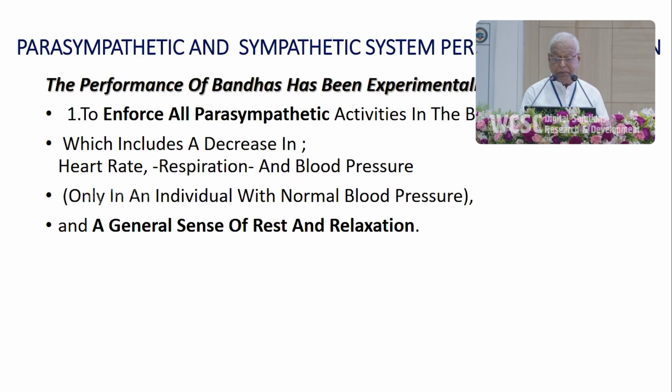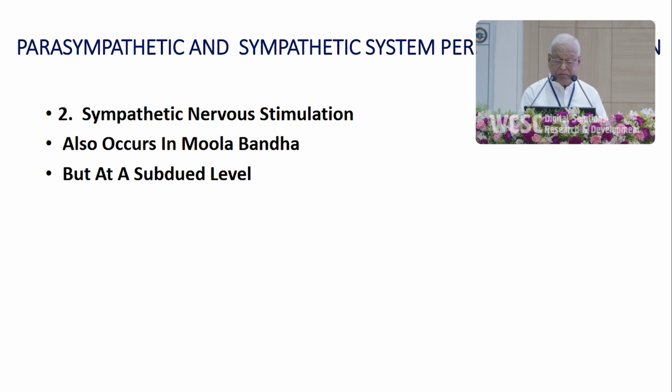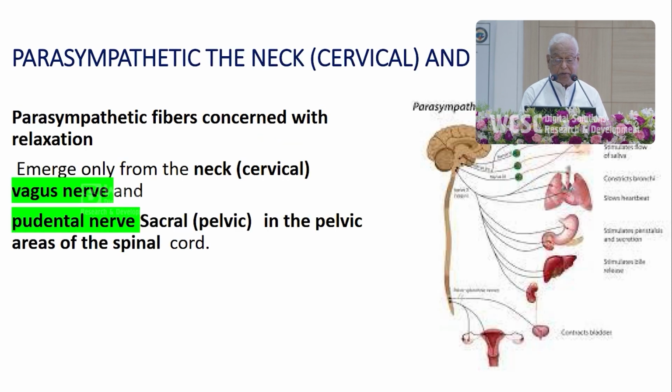The performance of bandhas has been experimentally shown to enforce all parasympathetic activities in the body, which decrease the heart rate, respiration and blood pressure. But this is in a normal person with a general sense of rest and relaxation. So the sympathetic nervous system acts only at a subdued level. So we are talking more about the parasympathetic system.